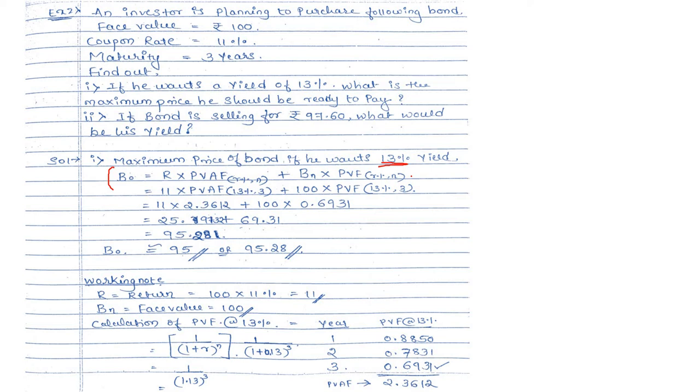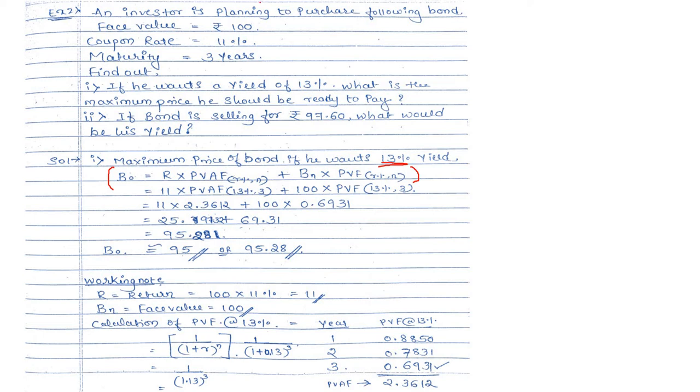Okay, so this is the formula to calculate the value of the bond. Now B naught is what we have to calculate. Next, what is R? R refers to the return.